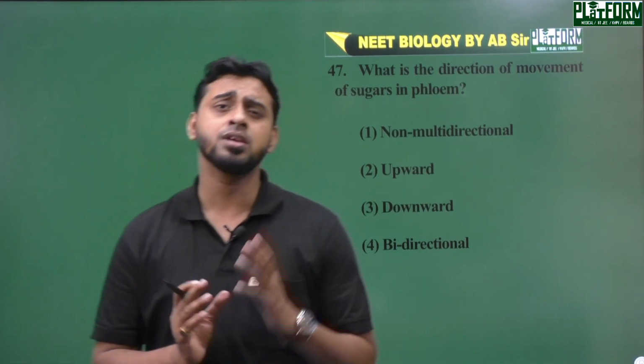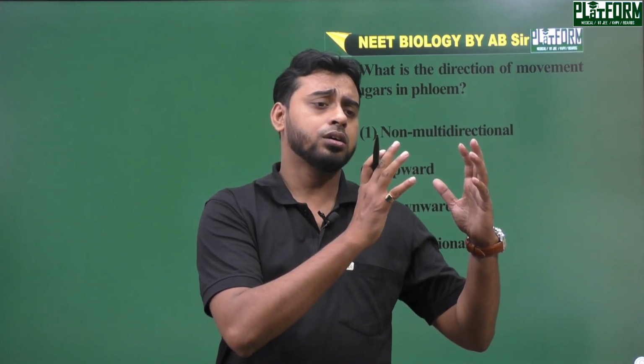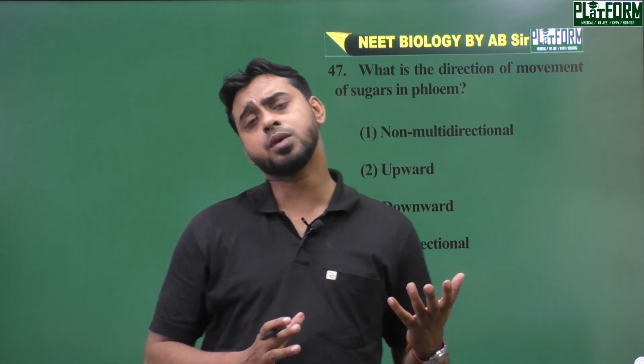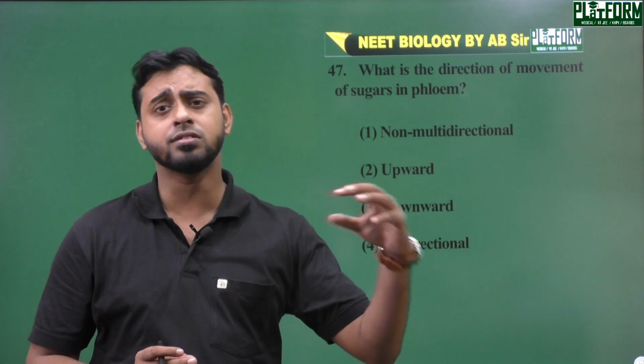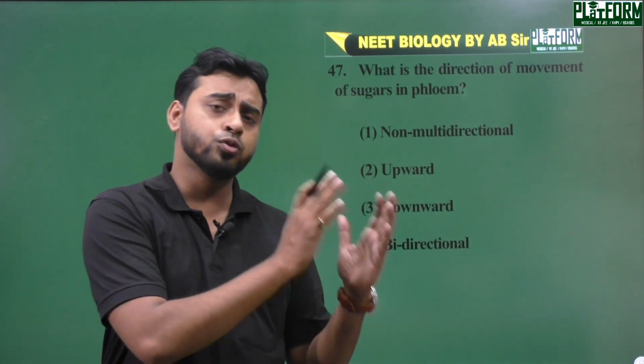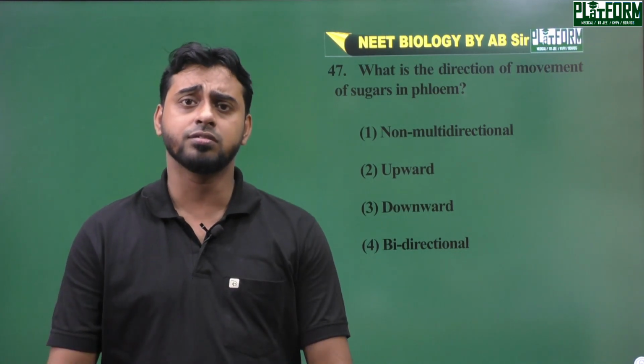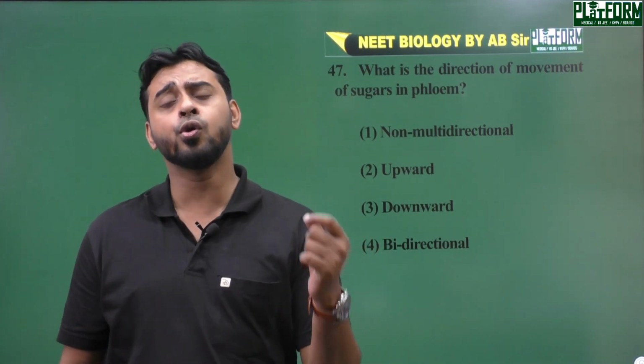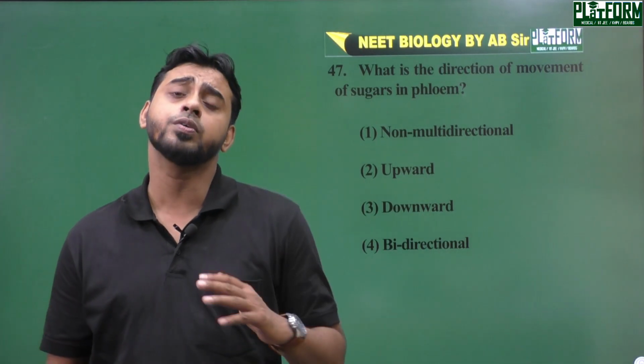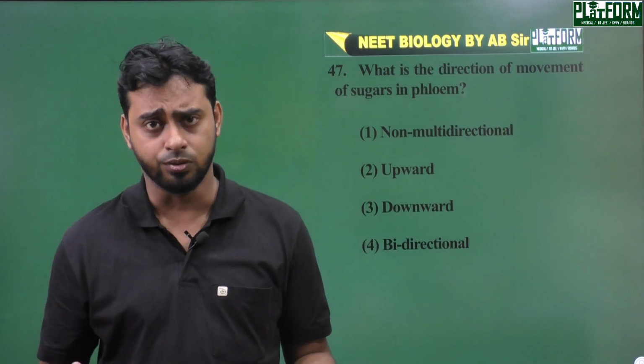The carbohydrate produced inside the mesophyll cell is moved by a process known as phloem loading and unloading, or we can say it is mass flow.